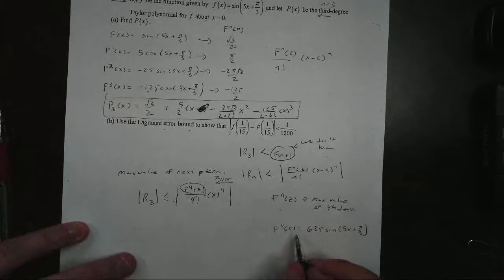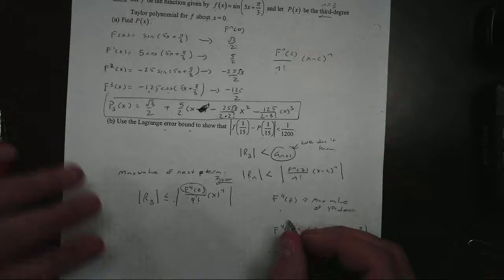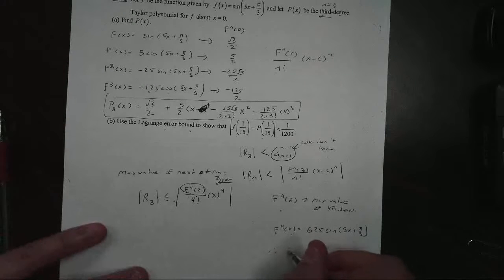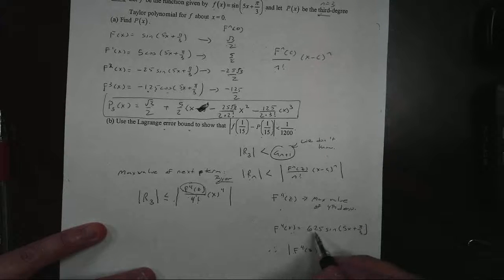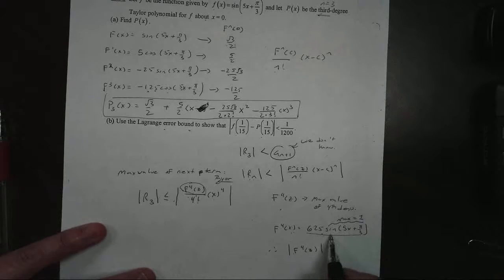So how can I use this to get my maximum value? Therefore, we can say the maximum possible value, if you think about it like this, is very simple. Well, the max value this could be is 1. It's a sine function.